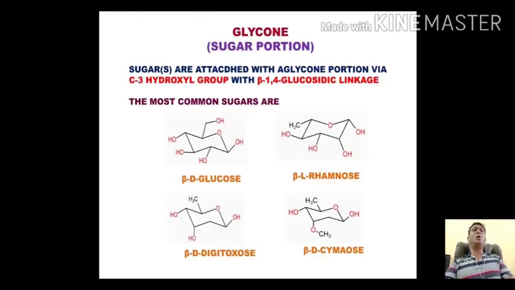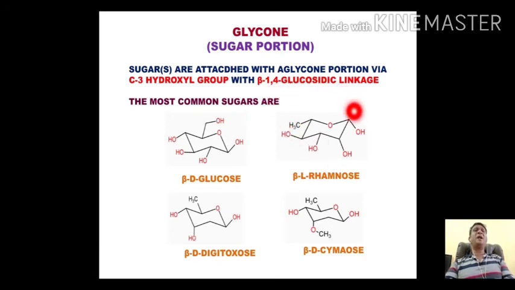Now let's move on to the glycone portion, that is the sugar portions present in the cardiac glycosides. Now these sugar portions are attached with the C3 hydroxyl group by beta 1,4 glycosidic linkage.